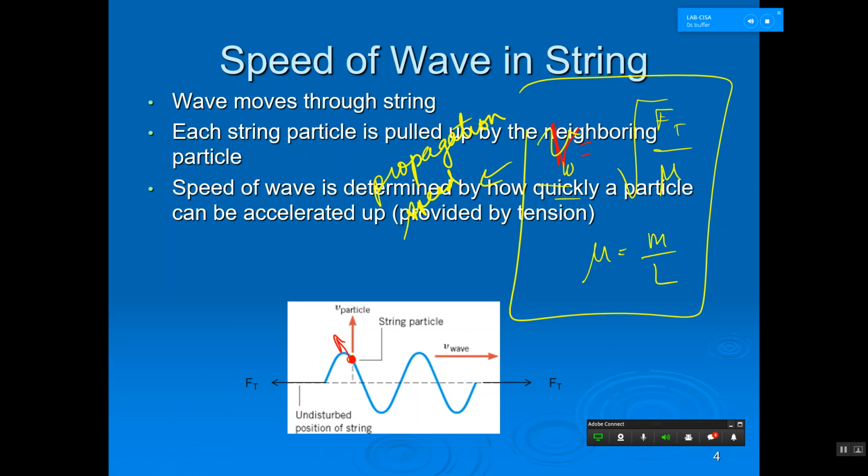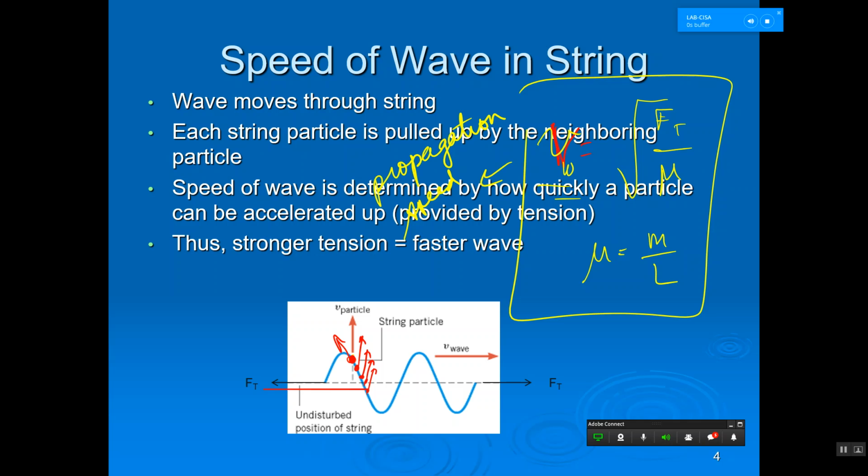And that's going to make the next particle next to it move upwards, and this one's going to make the next particle move upwards, and so on. So it's always this chain reaction of string particles moving the next particle up. And that's why you have a propagation of the wave. The particle itself is not moving along the x-axis. It really is just the energy. And that's all you need.